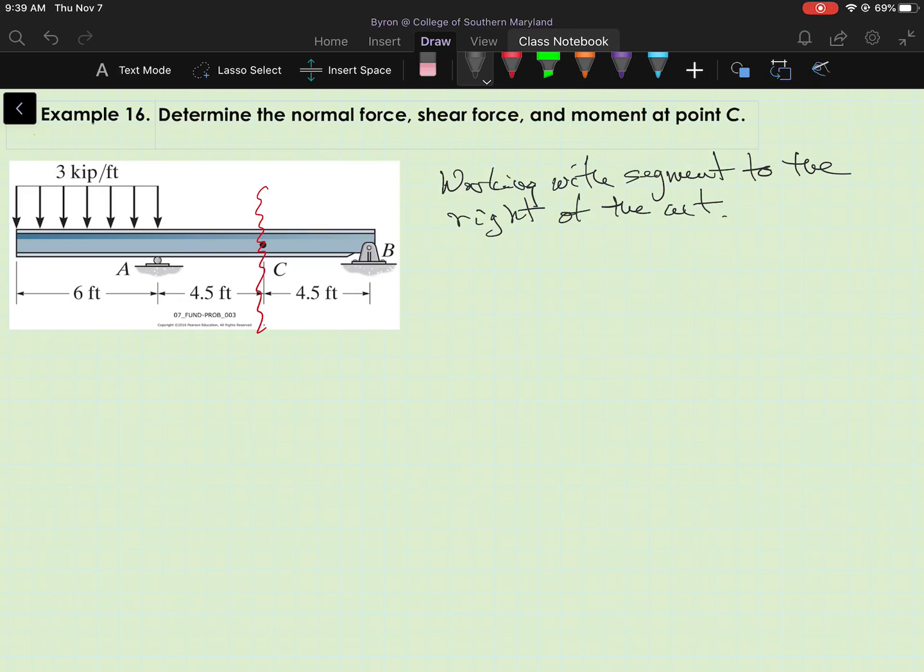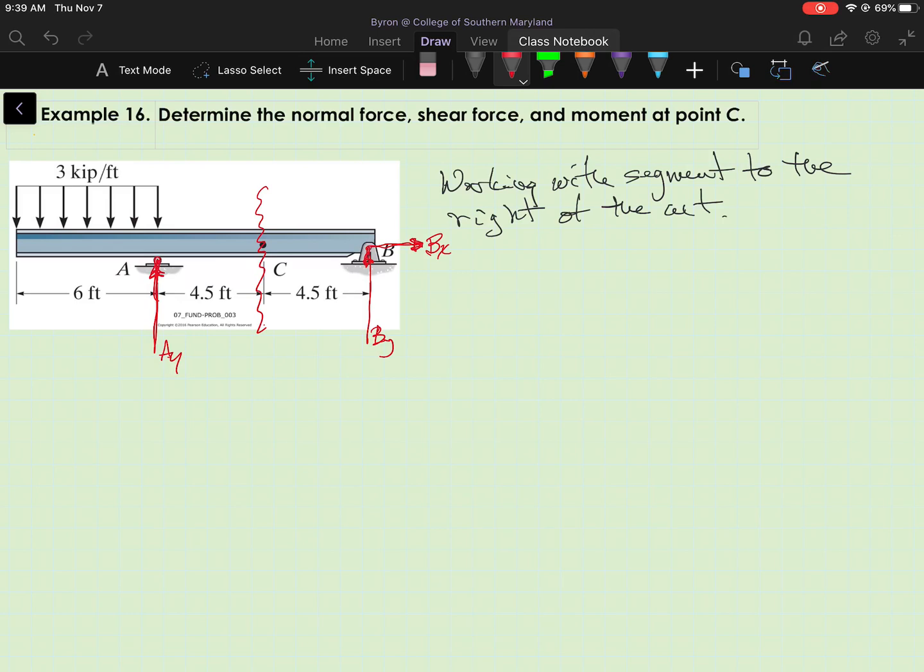So I'm going to cheat a little bit and use the original figure for my free body diagram. I'm going to have a reaction force at A, since that's a roller that the beam is resting on. I'm going to have a reaction force at B in the vertical direction, and I'll show the reaction. I'll call that B sub y, A sub y. We can show the horizontal component of reaction at B.